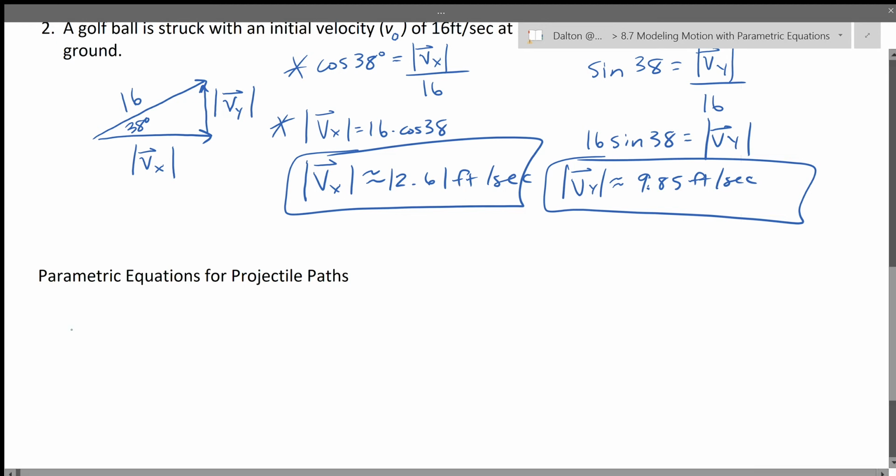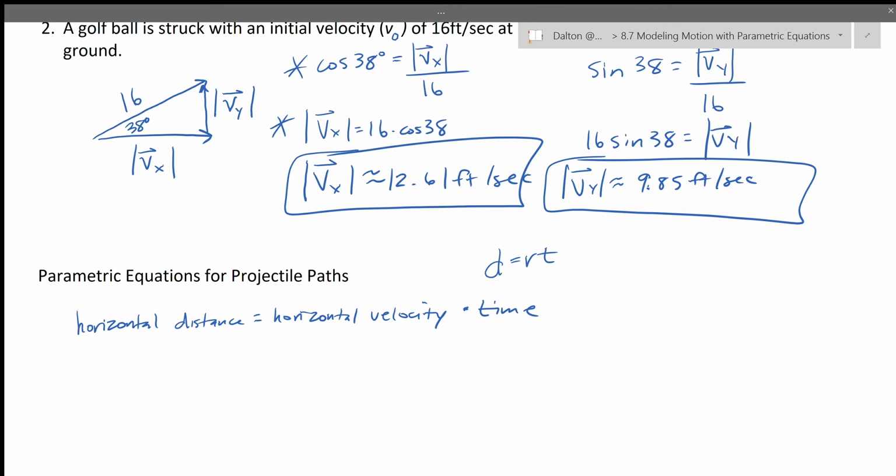Okay, so this implies that in words, the horizontal distance is equal to the horizontal velocity times time. And you've seen this before, distance is equal to rate times time. That's exactly what this is, except specifically dealing with the horizontal distance.